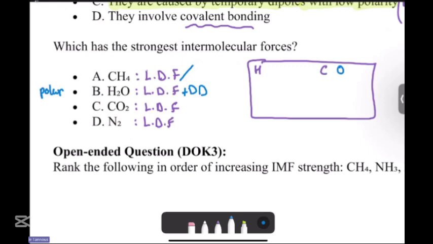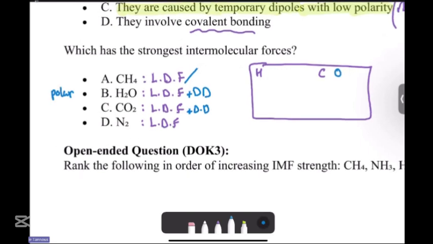It confuses the students, so I'm just going to say dipole-dipole, but these dipole-dipoles cancel each other due to the structure of CO2. That's why we keep saying that CO2 is non-polar. So it's okay, just mention dipole-dipole. Just keep that in mind. But they're weak because they cancel each other.